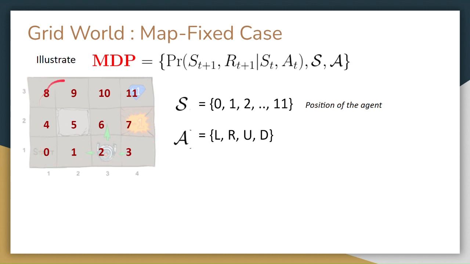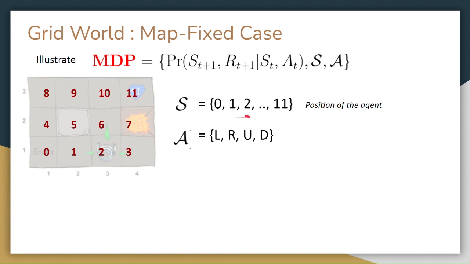So you can simplify the state space to be the position of the agent. You can make the whole picture a state too, just like in a Mario game, but it's not efficient because you can simply represent the state as the position of the agent and you have the same information. Here the simplest state space can be the position of the agent. Because there are 12 positions, you can label them 0, 1, 2 up to 11. It is arbitrary. It can be 1, 2, 3, 4 up to 12, anything.